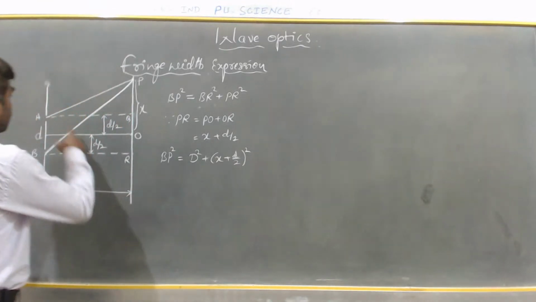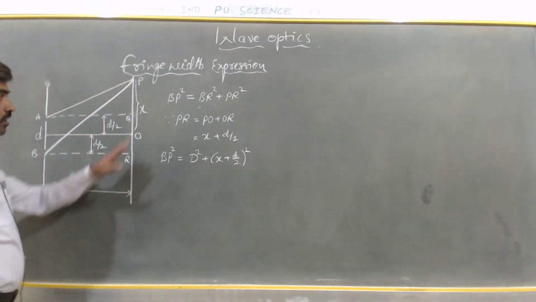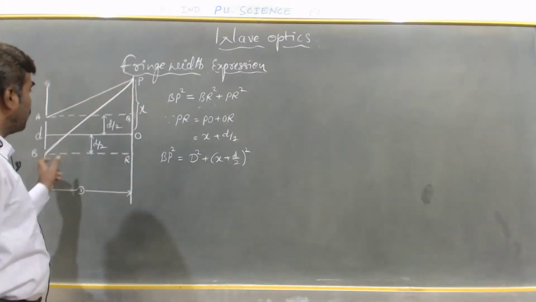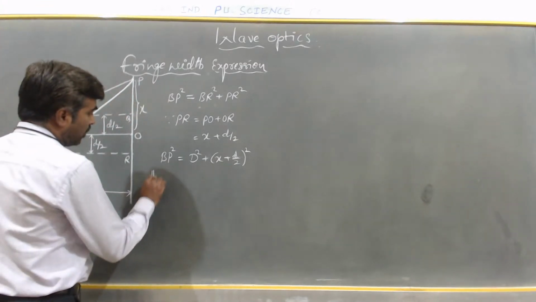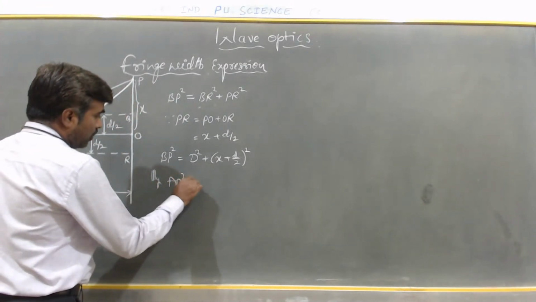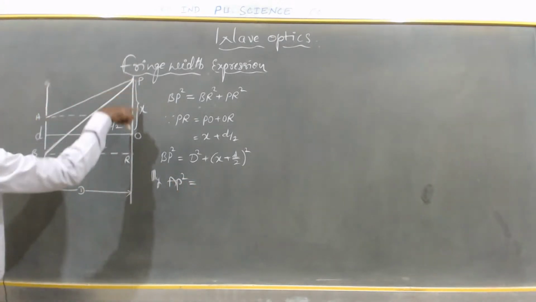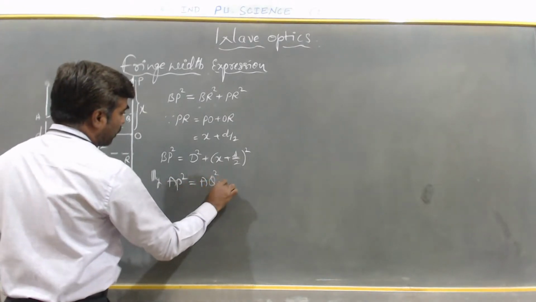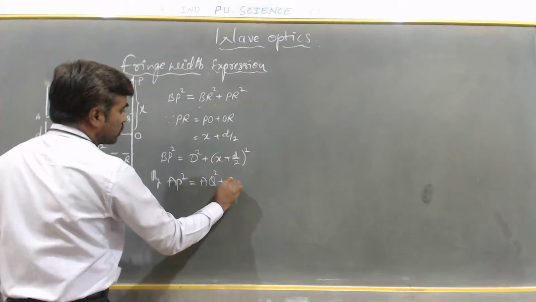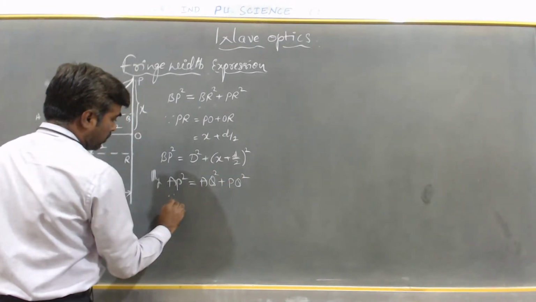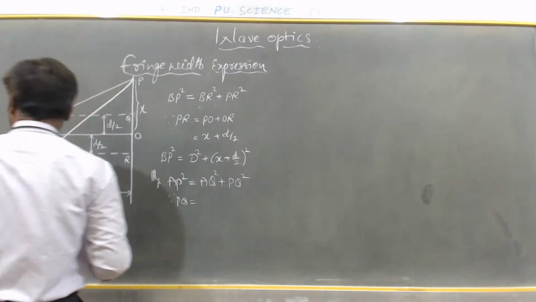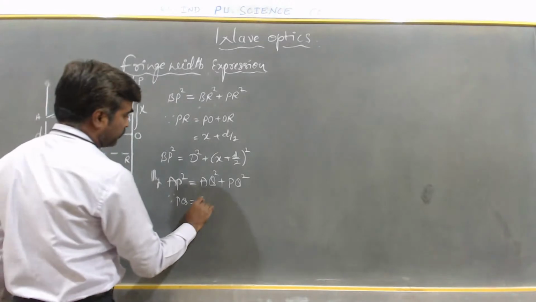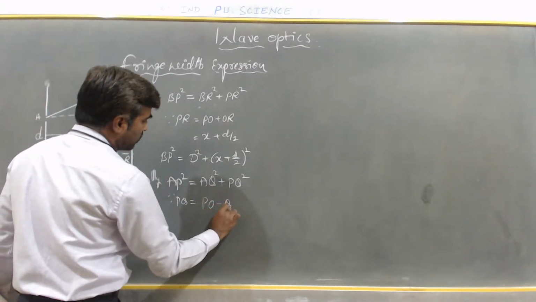And one more from the first triangle APQ. Either the first one is AP or the next one is BP; anyhow, we have to take the AP value as well as the BP value. Similarly, AP square we have taken from this triangle, is AQ square plus PQ square, where PQ equals PO minus QO.